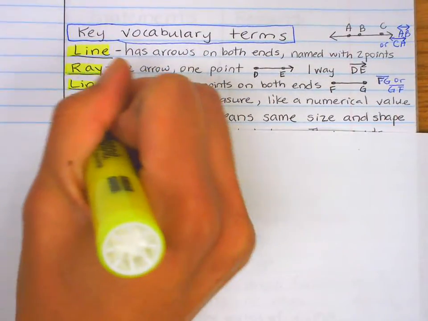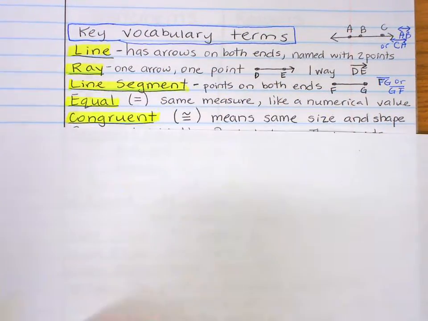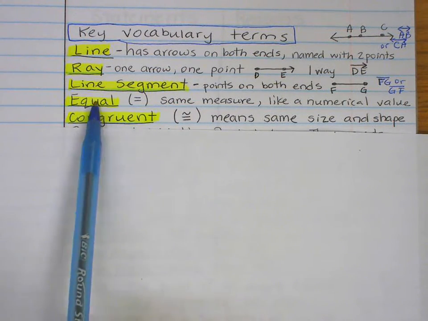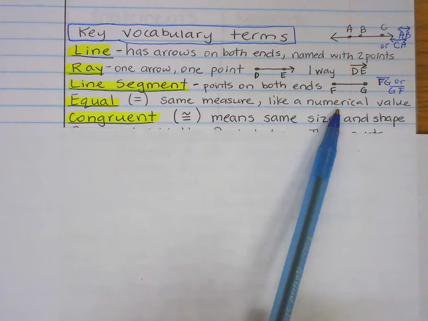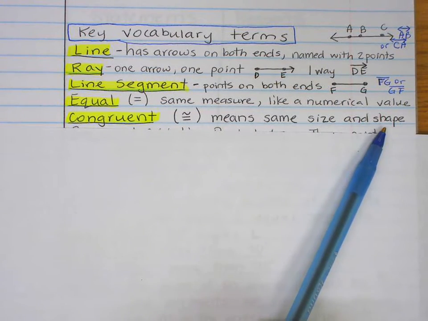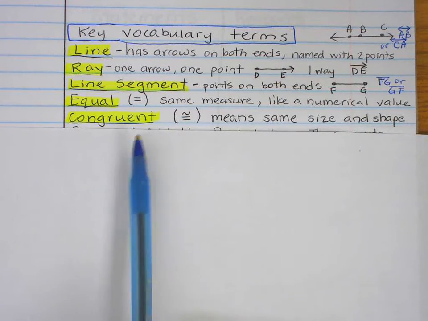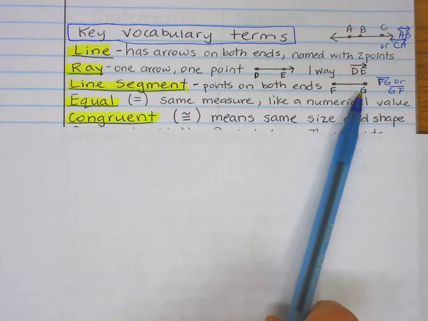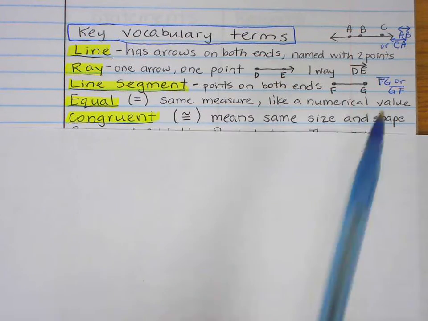They really have a similar meaning, but there's that small difference: when we talk about equality, it's talking about a number. When we talk about congruent, we're talking about size and shape. And yeah, if we have congruent segments, you would think they have an equal measure. And so that is something we'll talk about later.